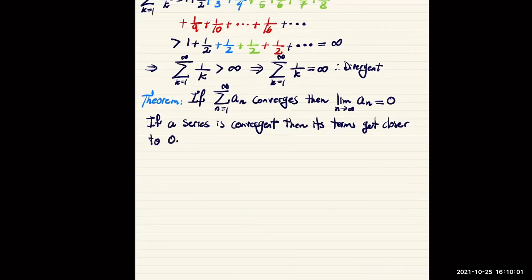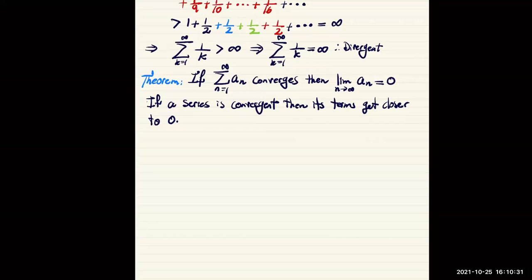Because if they don't, imagine the terms of the series don't get close to 0, then the sum is just going to add up and get bigger and bigger. We can prove this theorem by doing a contrapositive proof.